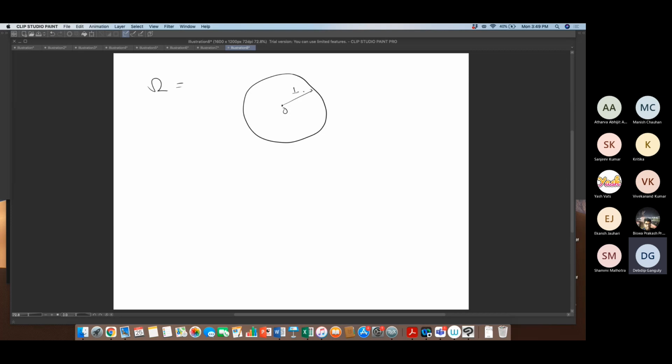What will you do? We'll invert the singularity, reflect it across the boundary of the ball. So let x belong to B. Define x tilde as x by mod x. This is called inversion.